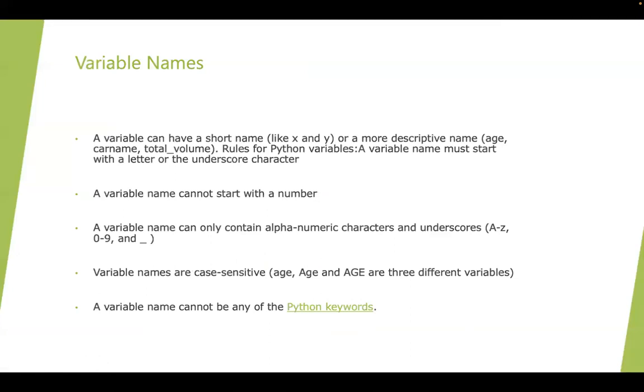How do you write variable names? Many people usually make mistakes writing variable names. A variable can have a short name like x and y, or a more descriptive name like age, car name, total volume. So it's not that all the time you want to use x and y.